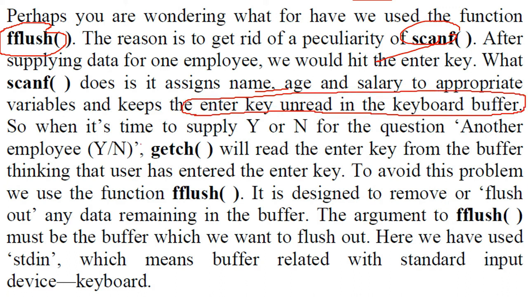So when it's time to supply y or n, this getch will read the enter key from the buffer, thinking that the user has actually pressed the enter key. In order to avoid this situation, we use fflush. It is designed to remove or flush out anything which is remaining in the buffer. The argument in fflush we have used is stdin. Stdin stands for standard input, which is actually the keyboard.